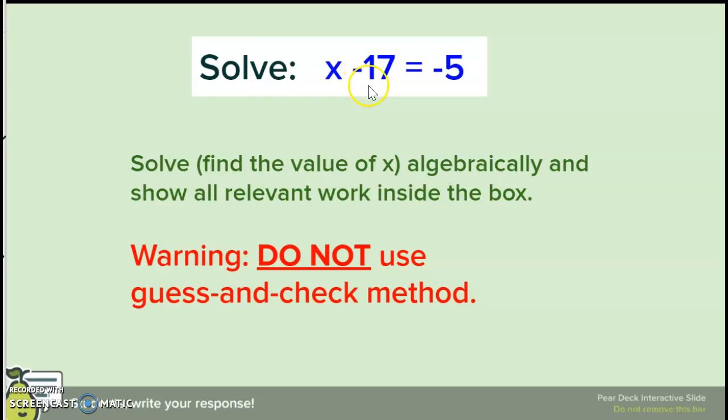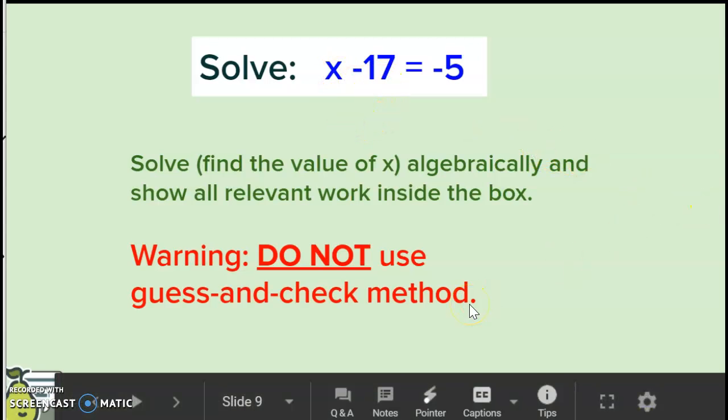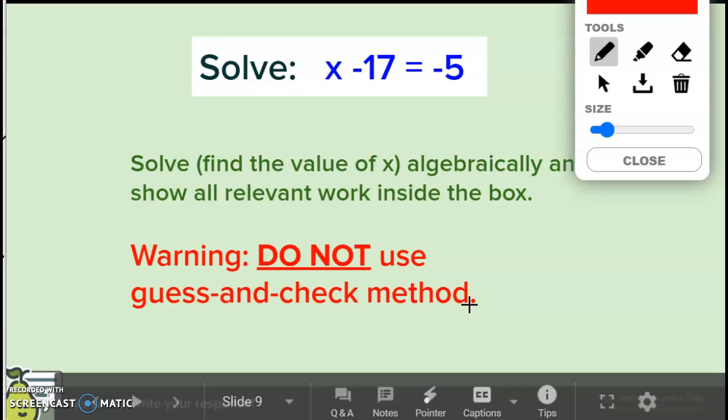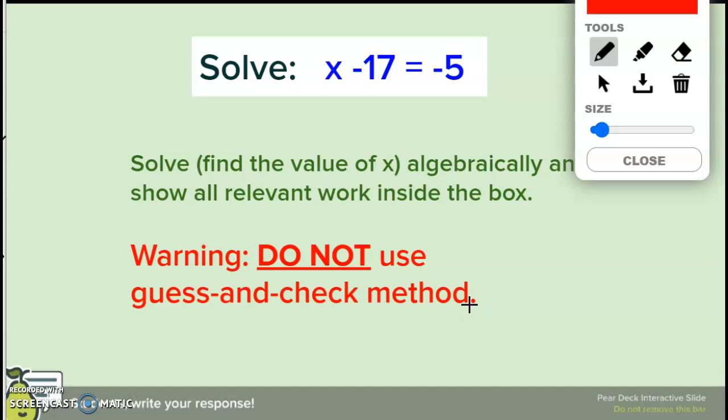Okay, so to do this, you'll have to be thinking about what is being done to the variable x. What is being done to variable x? It is being subtracted by 17. Remember, the goal is for us to get to x is equal to some number.